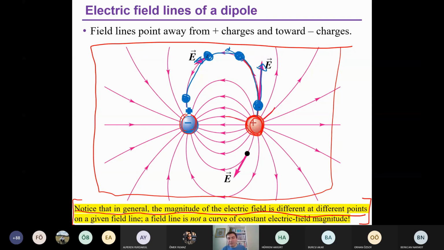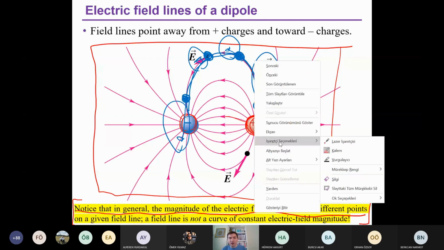But what I am showing here is that the magnitudes of the vectors are different for each point. Why? Because along the field line, depending on the position of the point, the magnitude of the electric field is different. Again, it is related to the formula of the electric field.